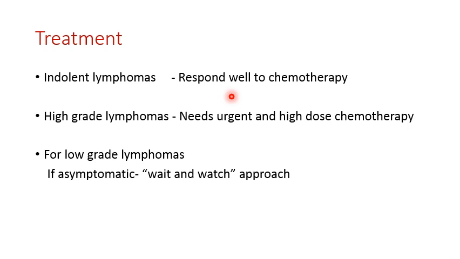Symptomatically, they become well. But in high grade lymphomas, they need very high dose chemotherapy, but the cure rate is better if you catch them at the correct time. For low grade lymphomas, as I said, it takes many years to become an aggressive form of lymphoma. So if they are asymptomatic, you can do a wait and watch approach as well.